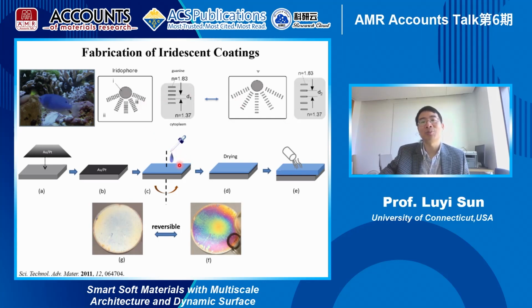So when we spray moisture on the surface, if the coating is coated on a very rigid substrate like a silicon wafer, then it can change the thickness from very thin to reasonably thick. And during the process, because of the change of the thickness, again, it can change the color.